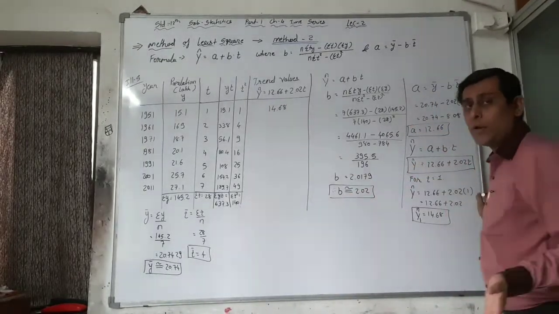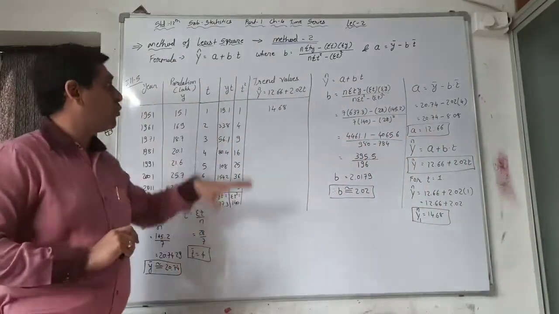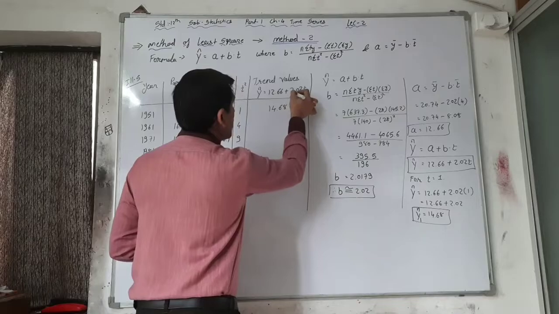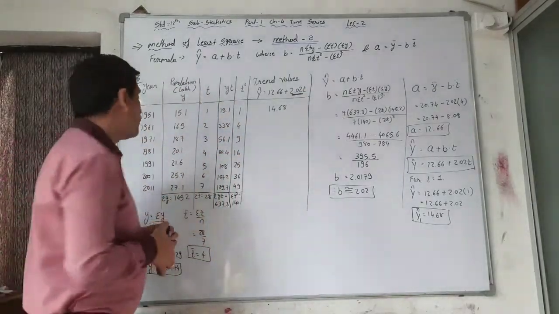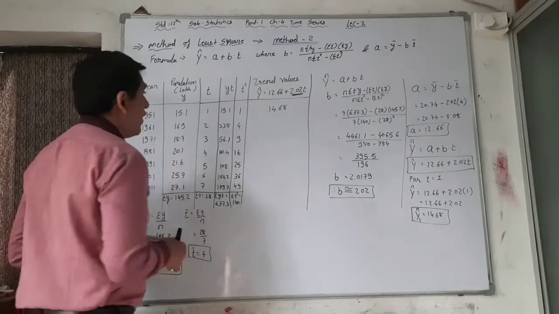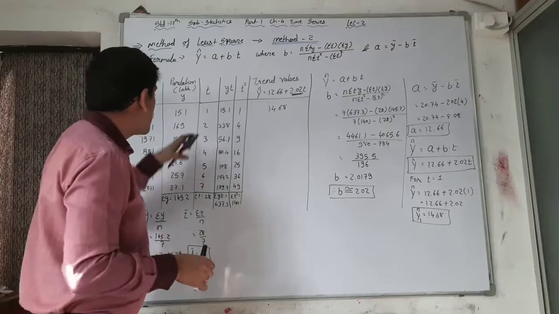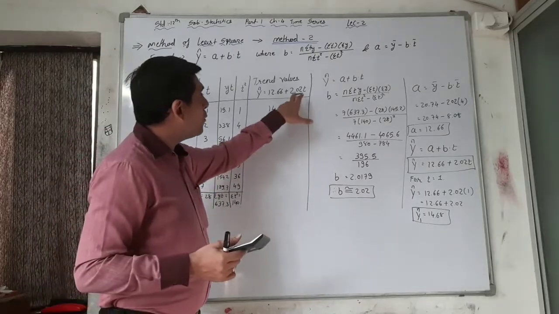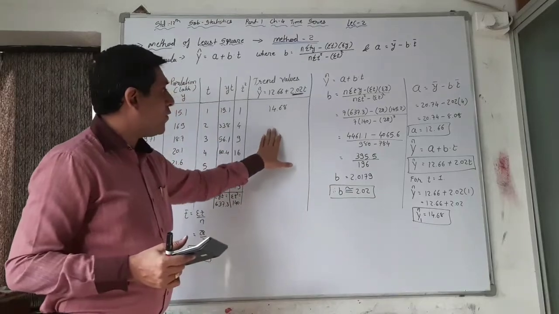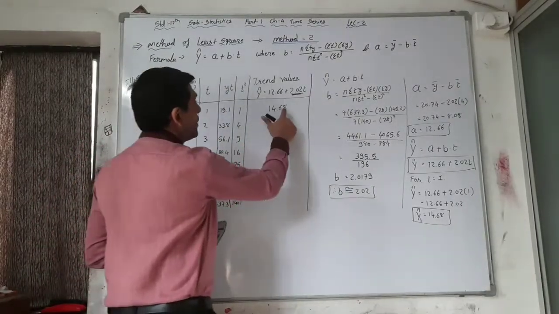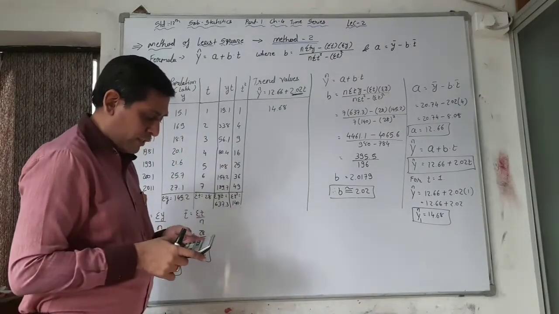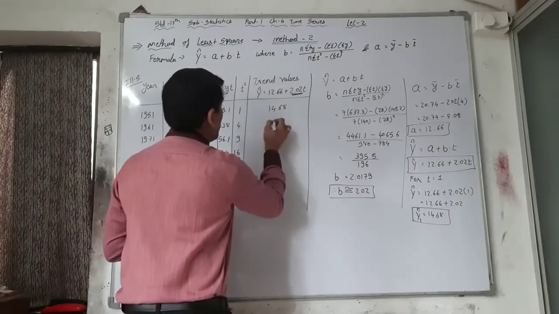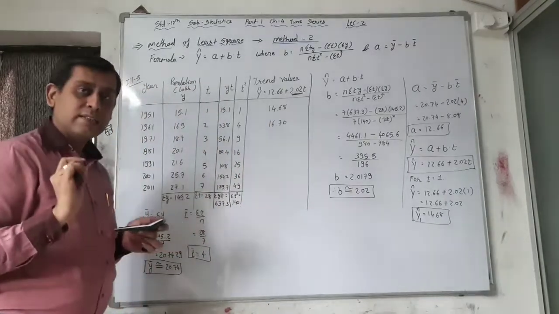But it is difficult to calculate, so the easiest shortcut to find the trend values is to just add this b. You just add 2.02 each time, and we can find the second year, third year, fourth, fifth, sixth and seventh year values. So 14.68 plus 2.02 is equal to 16.70.